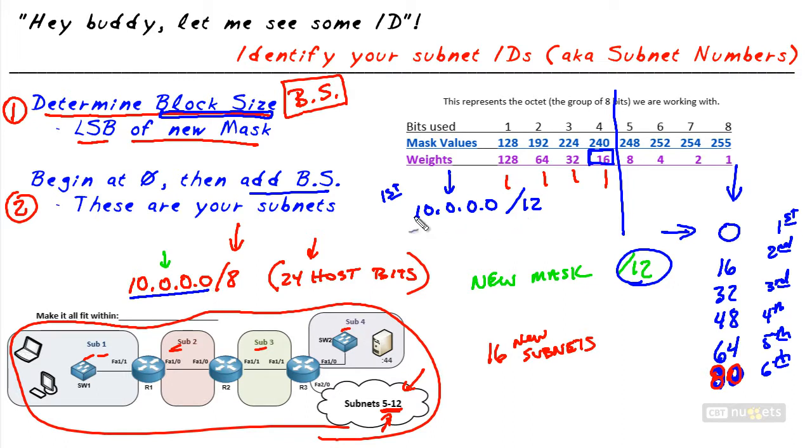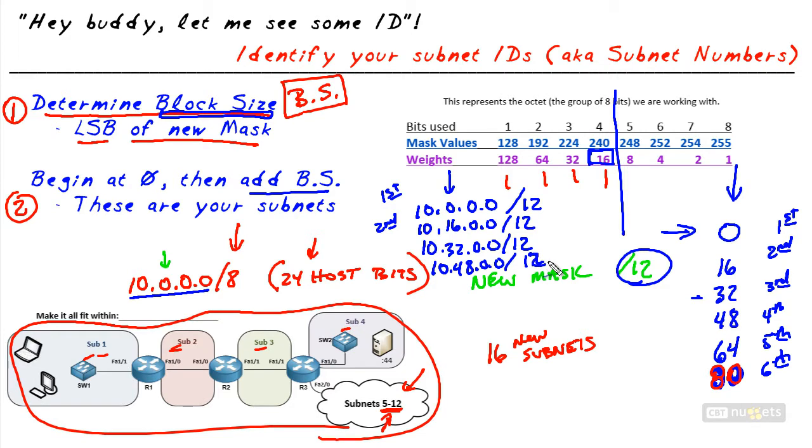So subnet 0 looks like the original network with a new mask. For the next subnet, we're going to add that 16. So it's going to be 10.16.0.0/12, and that's our second network. And then 10.32.0.0/12. And that's our third network. And then 10.48.0.0/12.